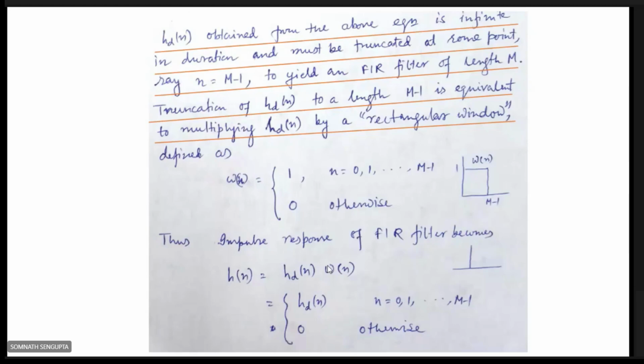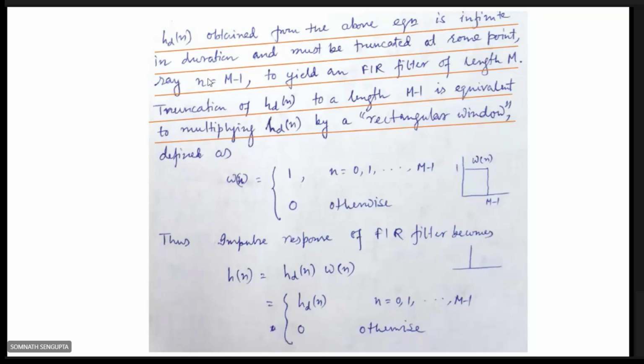So let us say after getting the inverse Fourier transform, you get an infinite number of samples and we want to convert it into some finite number of samples. What we need to do is multiply that function with a window function.